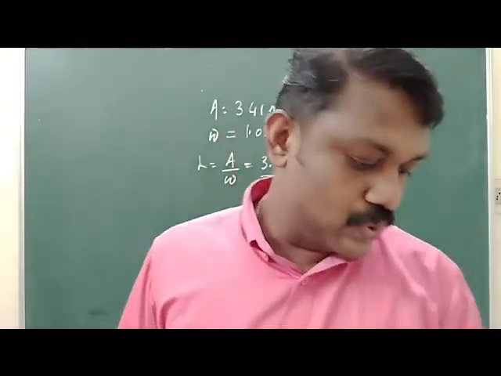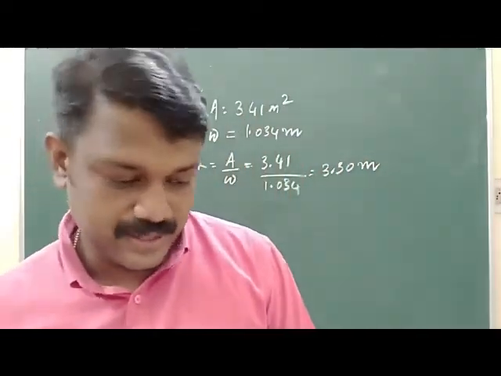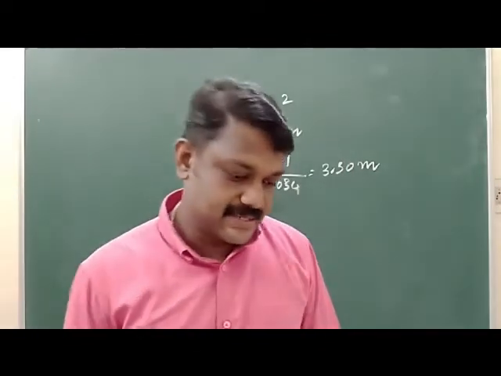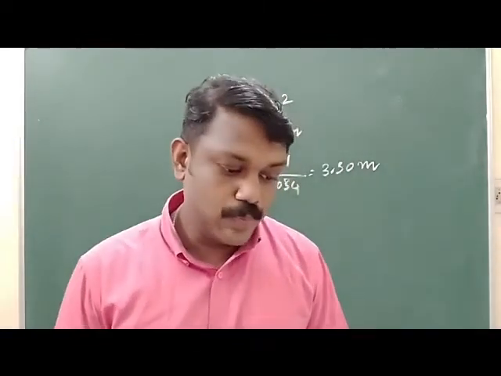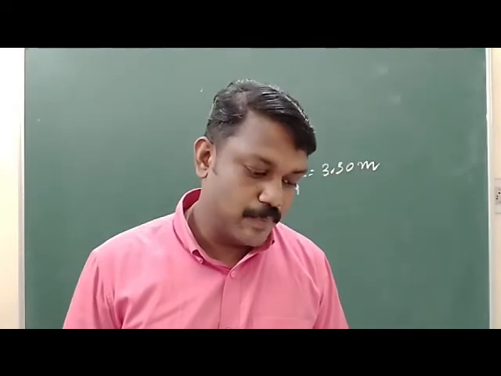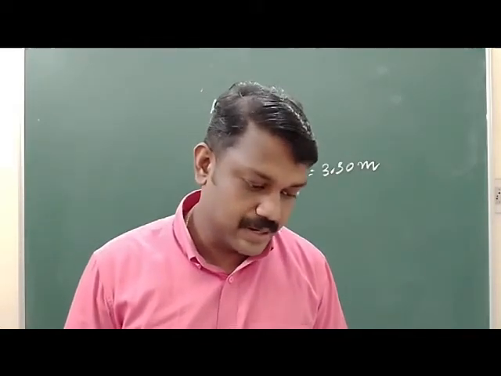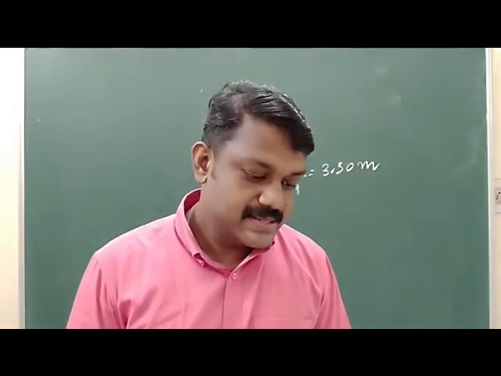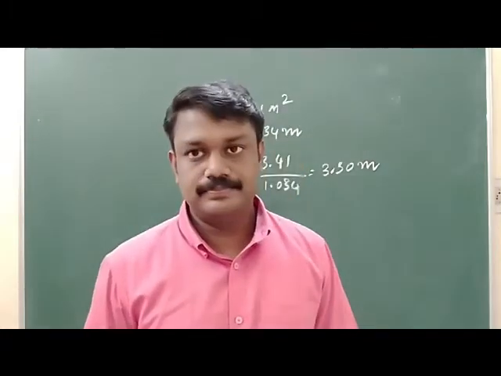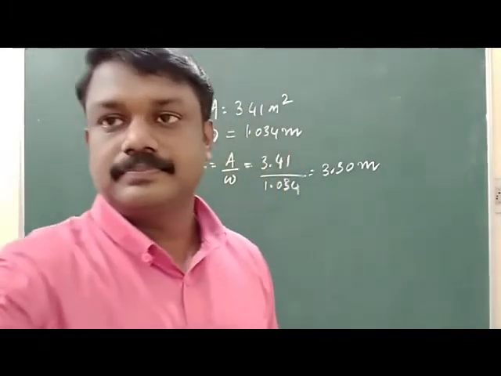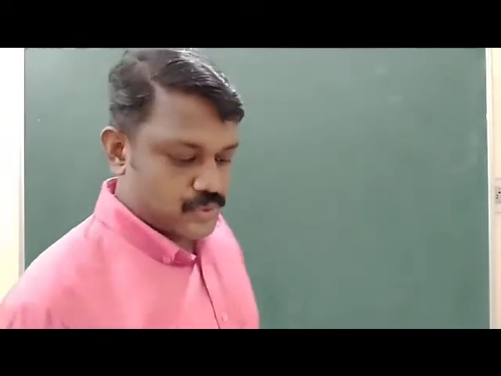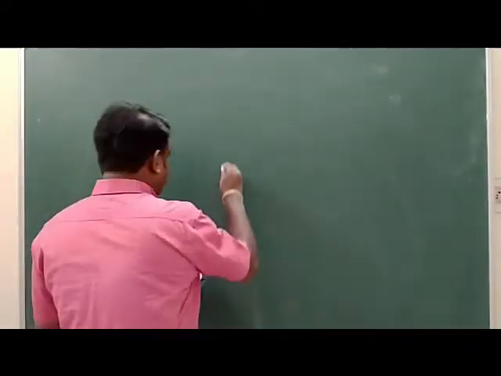Now we move on to question number 43. It says, solve 2.91 into 0.3842 divided by 0.080. That is the problem.